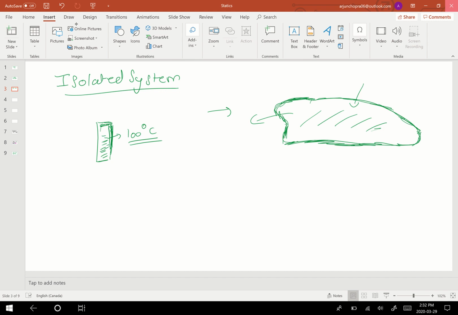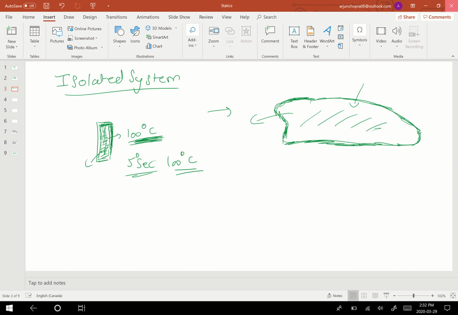keep the heat inside this bottle. So right now the temperature is 100 degrees Celsius. After 5 seconds, if you measure the temperature, it will still be 100 degrees Celsius. So for those 5 seconds, we can consider this system as an isolated system.